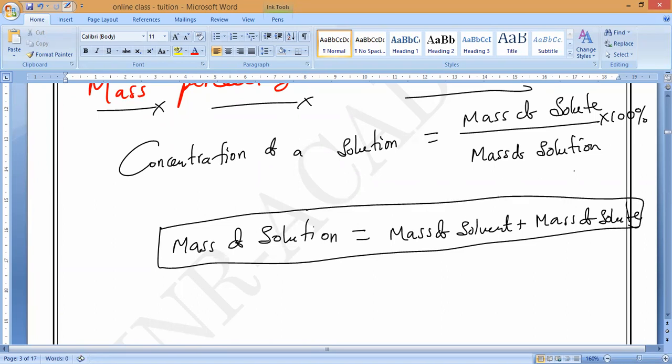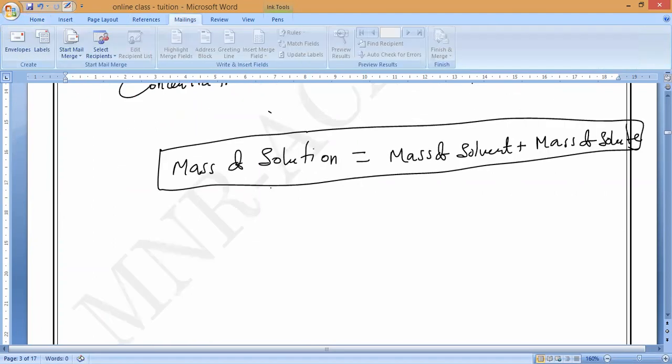Nobody should forget this. Even this percentage sign is not required, you can keep into 100, which will indicate by mass percentage.